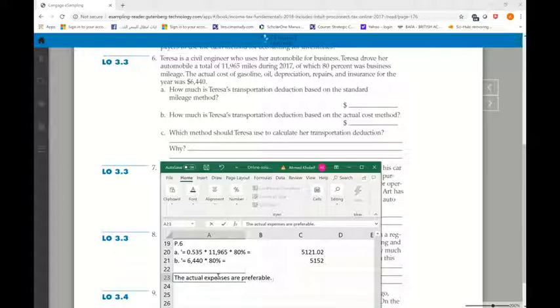We see here Teresa should use this method to determine her transportation deduction, and Teresa is eligible to use either the standard mileage if used previously, or change to the actual method this year. So this is mainly the method that should be used, which is the actual expenses method, because it may give the higher amount of deduction.